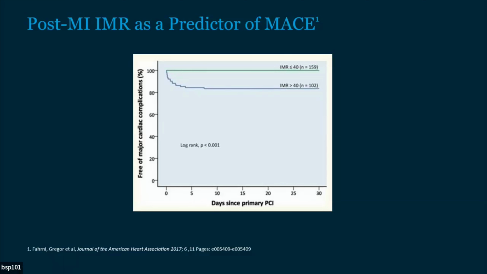And they're arguing that if a patient comes in with a STEMI, you should do IMR testing after the STEMI. And if the acute IMR is above 40, you should possibly do another intervention acutely to help prevent development of scar, remodeling, heart failure, and worsening events in the future, 1 to 5 years after the patient's heart attack.